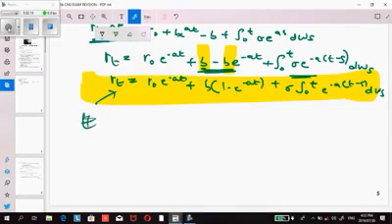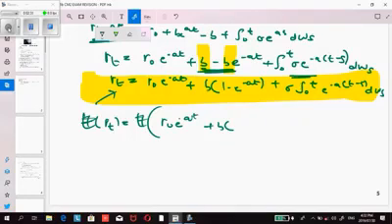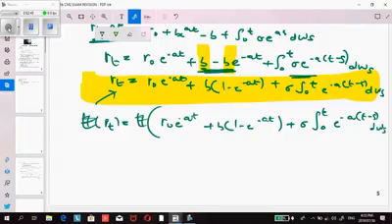So I'm going to say the expectation of R sub t is equal to the expectation of this whole thing, which is R sub 0 e to the power minus at, plus b into 1 minus e to the power minus at, plus sigma integral from 0 to t of e to the power minus a into t minus s dWs. Now, I'm taking the expectation of the solution.